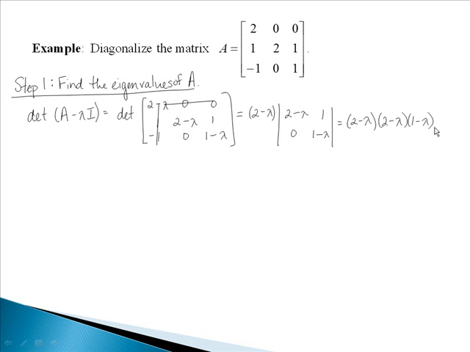So this is what we end up with. And you could rewrite this as 2 minus lambda squared times 1 minus lambda. And to find the eigenvalues, we need to set that equal to 0 and solve that equation. So if we set that equal to 0 and set each of our factors equal to 0, we'll end up with lambda equaling 1 and lambda equaling 2. So these are the two eigenvalues that we have for this matrix.